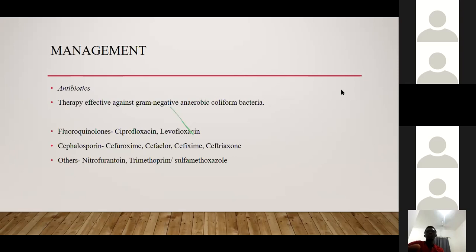You can give your cephalosporins, which are cefuroxime, cefaclor, cefixime, ceftriaxone, of different generations. Your cefuroxime and cefaclor are usually second generation, your ceftriaxone third generation, and cefixime as well. So these are what you can give.